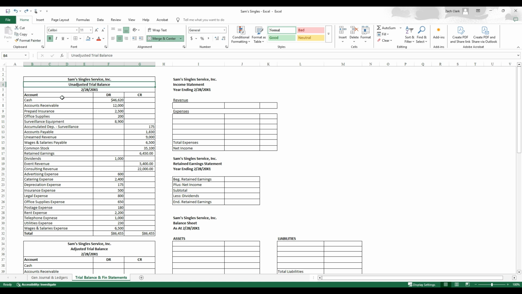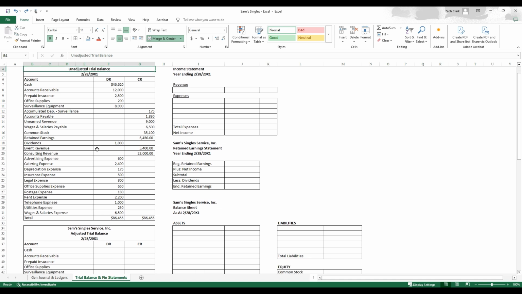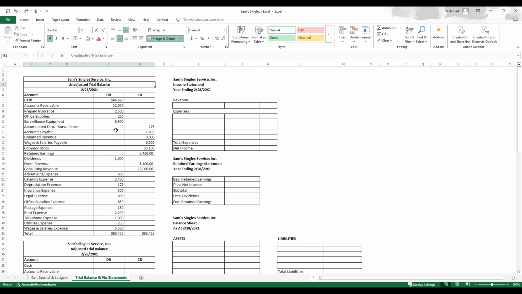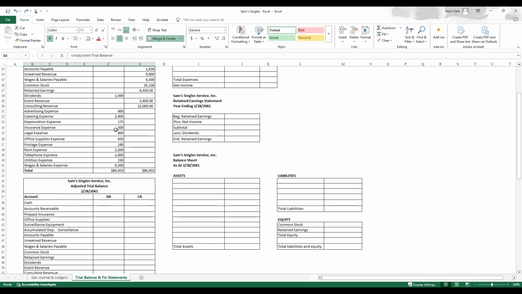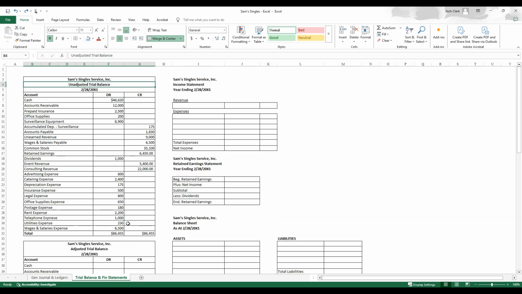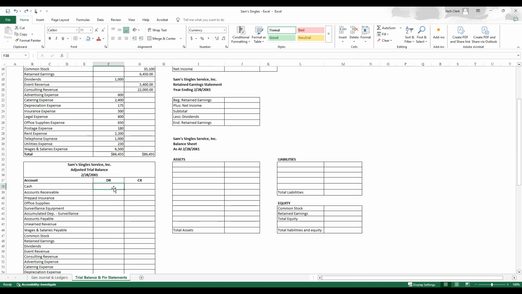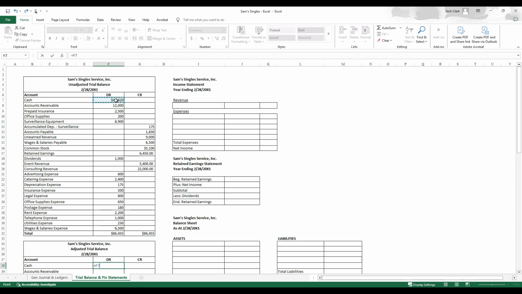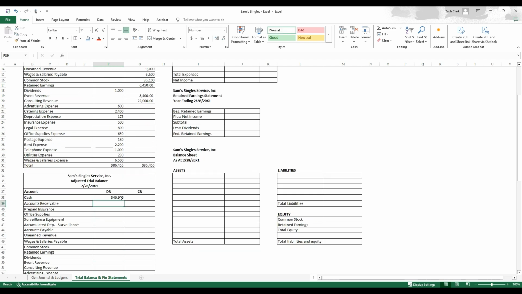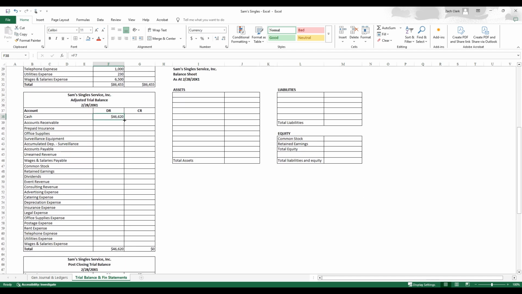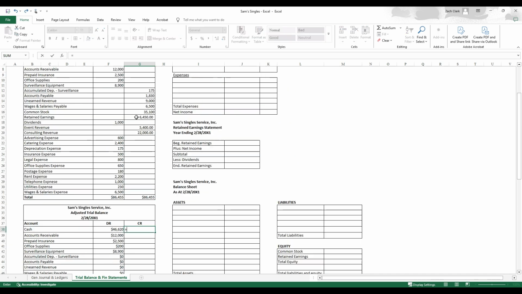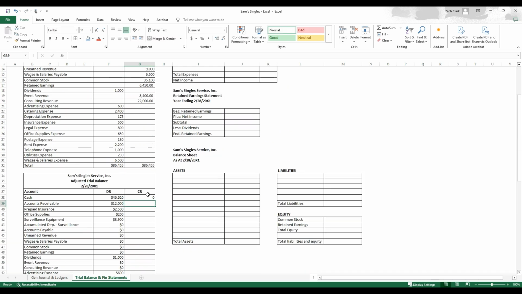So let's see, how do I want to do this? Actually, so here's what I'm going to do. I'm going to link these above because we do want our adjusted trial balance to equal above. So this is just matching up to everything up here.